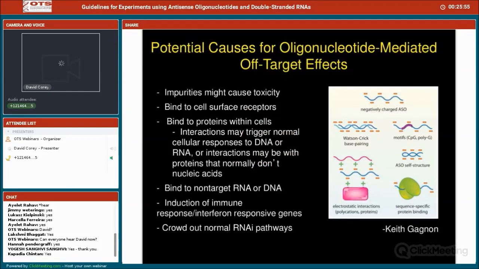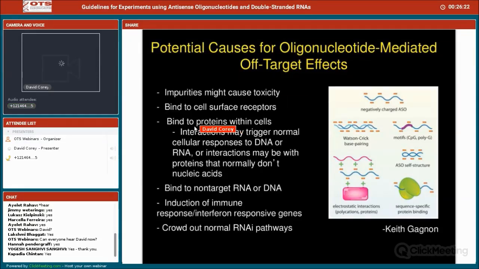So what are the possible sources of those interactions that may produce off-target phenotypes? Well, if your oligo synthesis isn't pure enough, you might have impurities that cause toxicity. Now, taking it to the next level, even if your molecules are pure enough, they may bind to cell surface receptors, and those may start a signaling pathway that causes off-target effects.